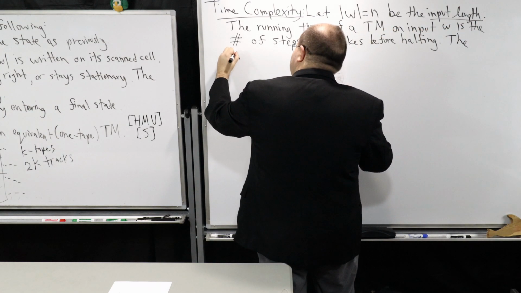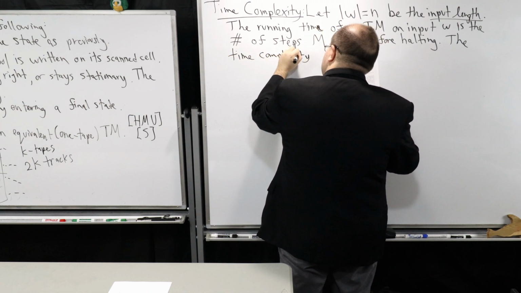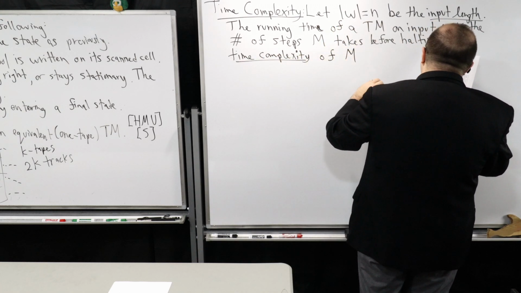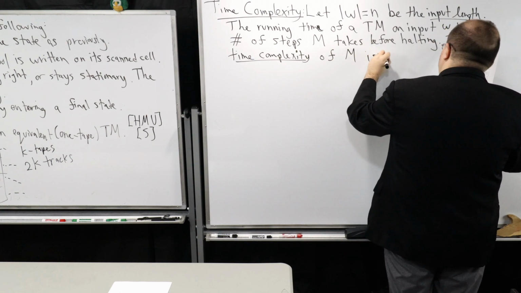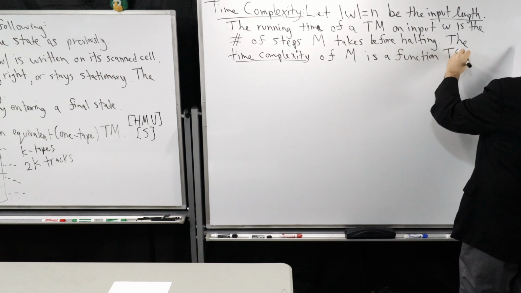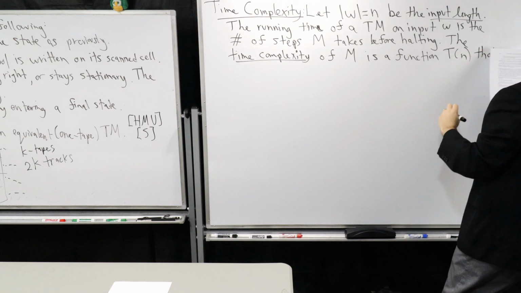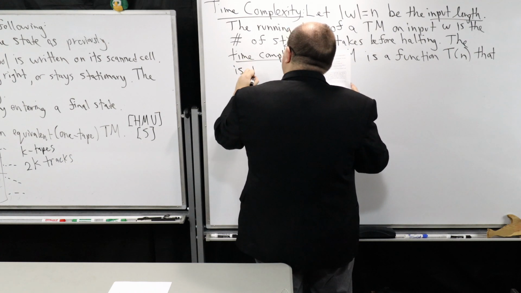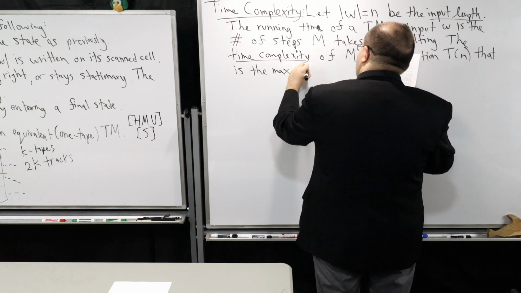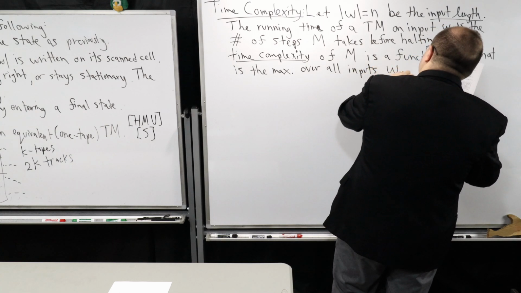The time complexity of M, so the machine, is a function t of n. Keep in mind, it's just a name for a function. It doesn't have to be called t. That is the maximum over all inputs w.